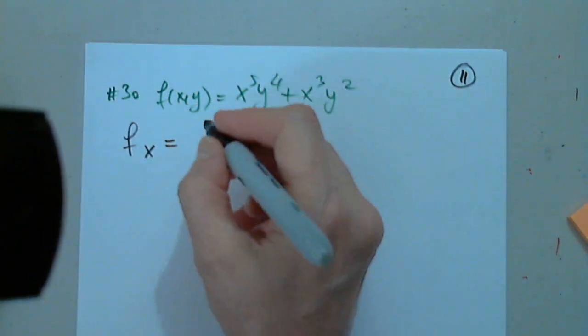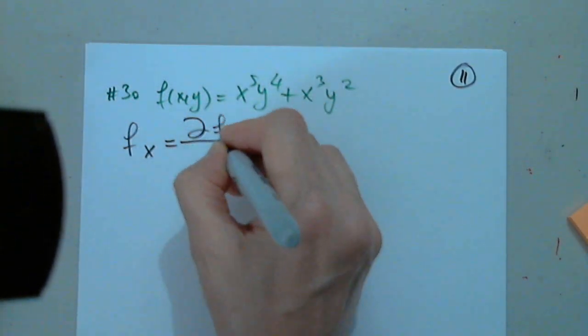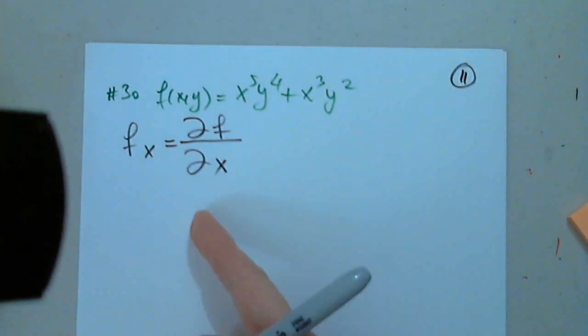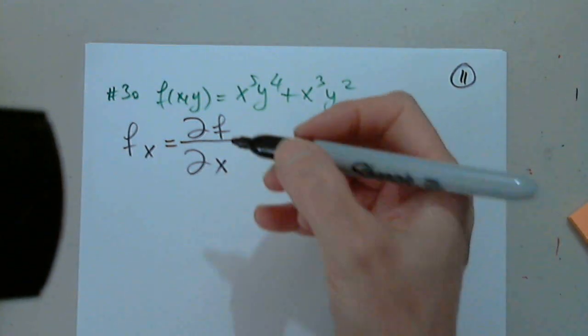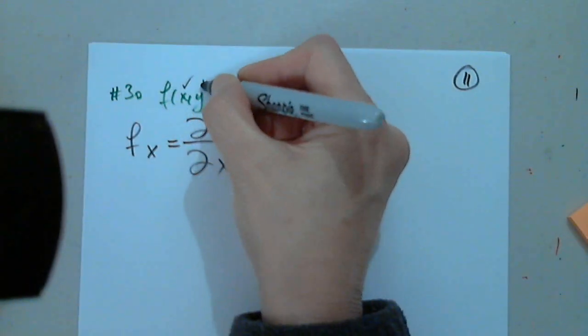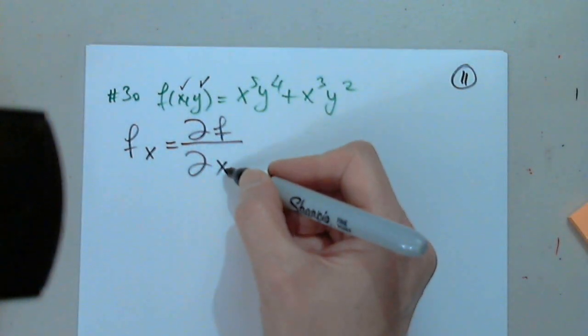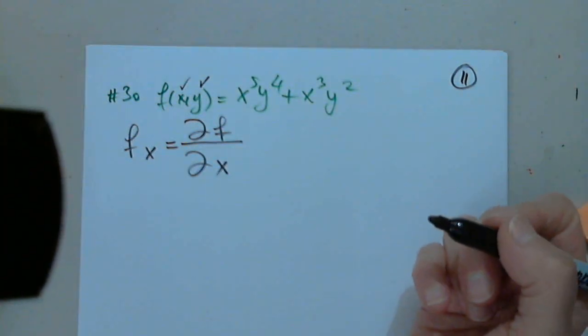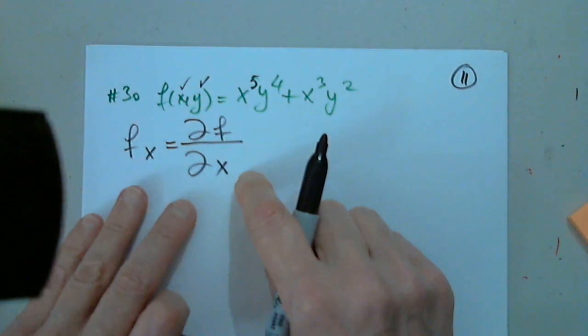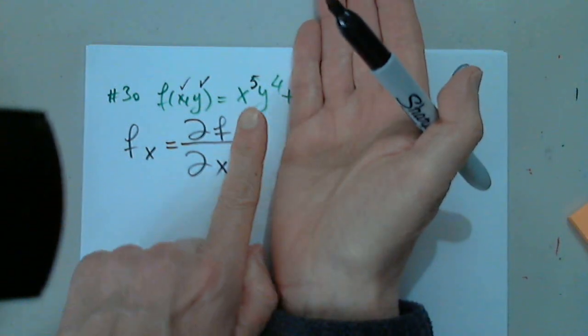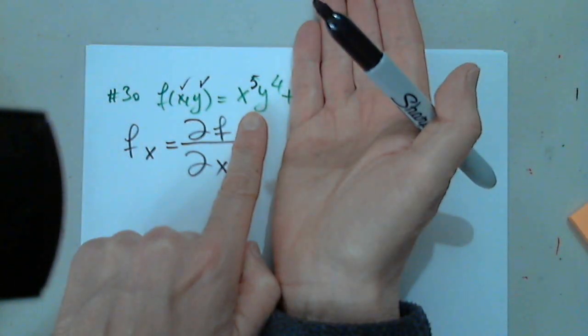You don't have to use this notation, but this is the correct notation, I mean, they're both correct. So the partial of f with respect to x, which means f has more than one variable in it. So obviously we're keeping y fixed. We are only differentiating with respect to x. So can anyone differentiate this with respect to x?